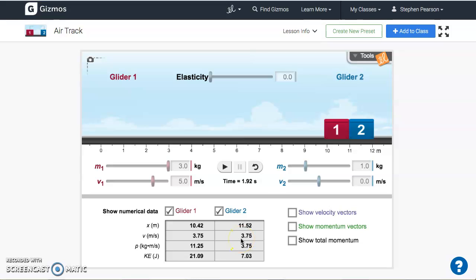So it's cutting the change in velocity there in half, which is a huge difference. And we're looking at very small differences in masses here. When we're talking about the difference in mass between you and your car, it's going to be a different situation.